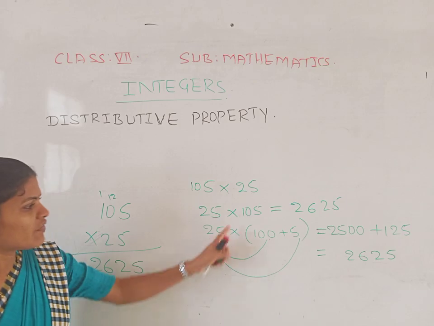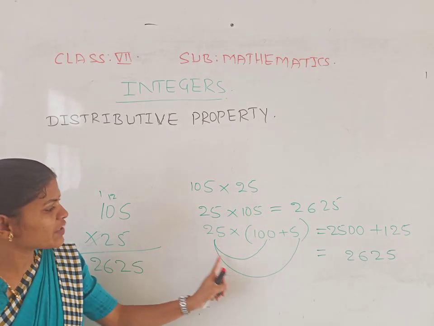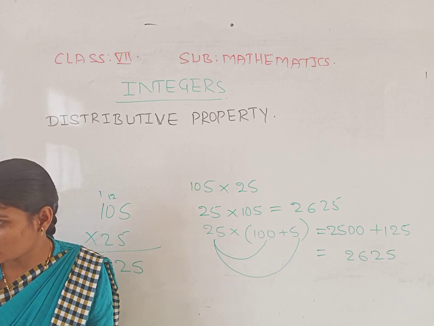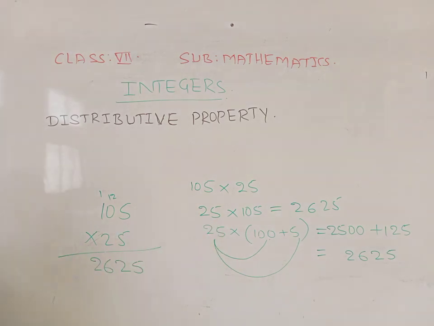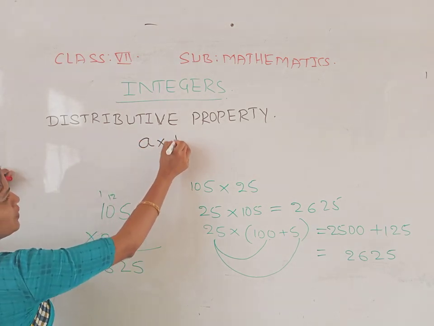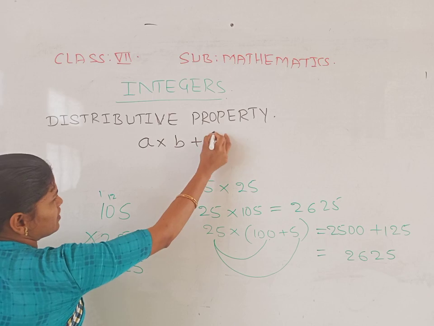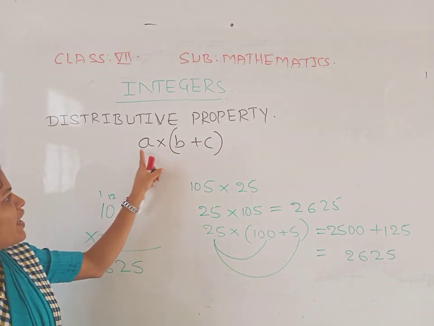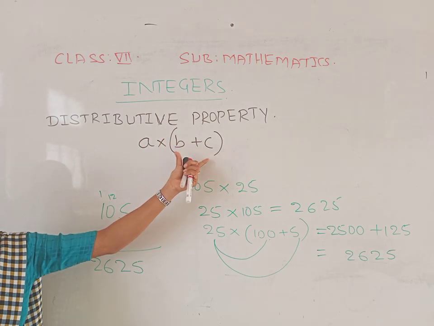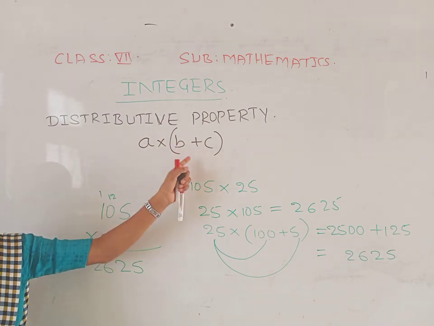In the sense, we can split this number and multiply each part separately, then add the products. That is also the same here. So our distributive property tells here what? A into B plus C means A into any one of the numbers.